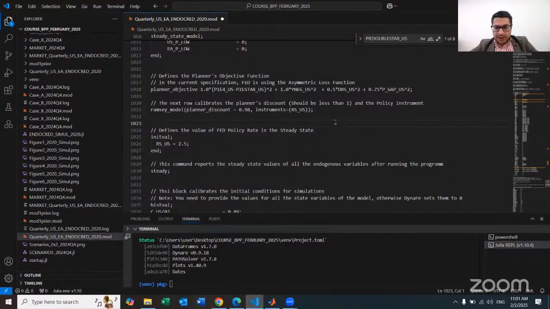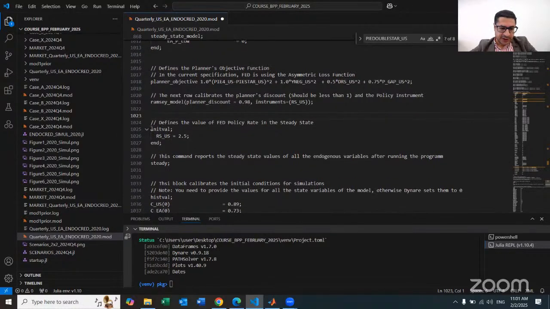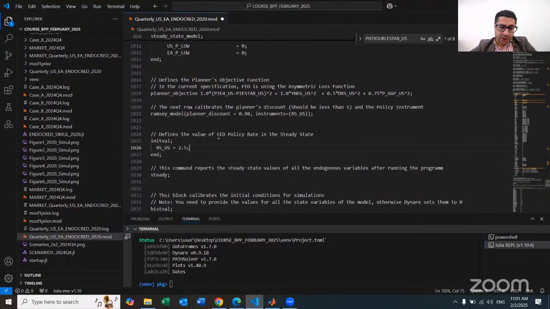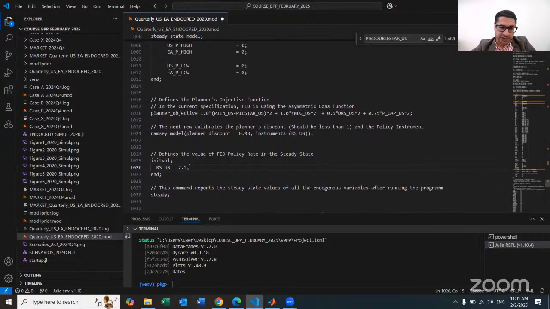Okay, so this is the block for the loss function, and here we write the initval for the policy instrument. You shouldn't write down the steady state of the interest rate for the Fed in the steady state model block.